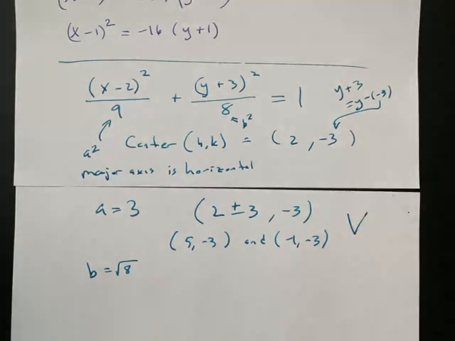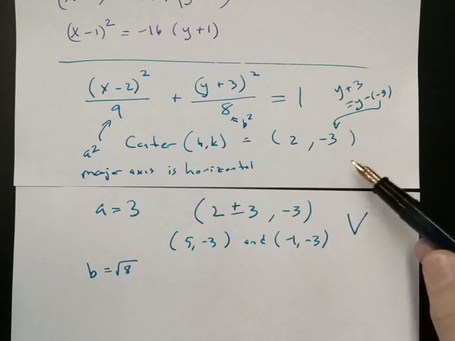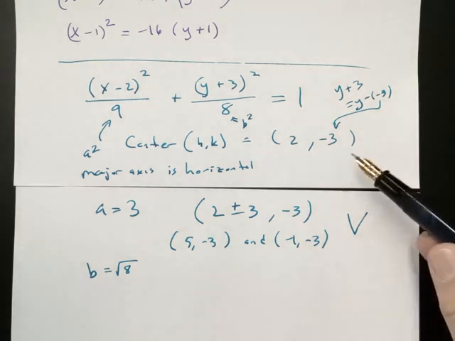We said those were the vertices. My vertices were this way. So where are the minor points? This way. Which means I change the Y value of this.